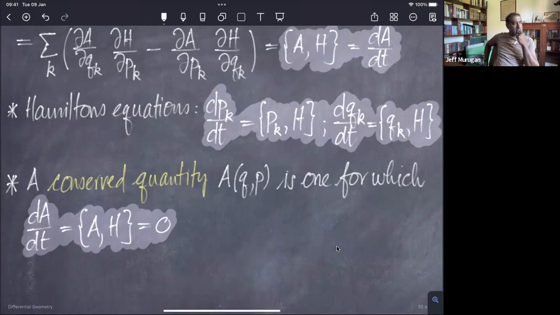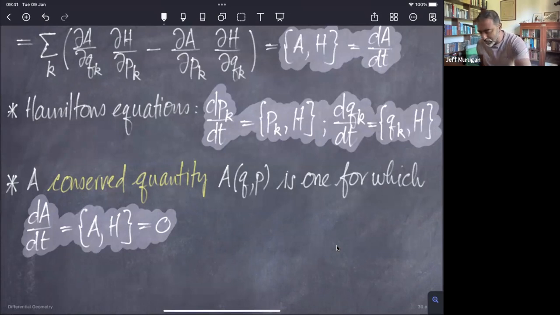Noether took a look at the problem of trying to understand how energy was conserved in Einstein's theory of general relativity, and realized that there was actually a more general statement to be made, and that more general statement we now call Noether's theorem. Noether's theorem is basically the statement that encodes the relationship between symmetries in a physical system and conserved quantities. What I want to show you here is how the Hamiltonian formulation of the problem gives us a really nice way of not only thinking about this relationship between symmetries and conserved quantities, but it actually gives us a construction of the conserved quantity associated to a particular symmetry.